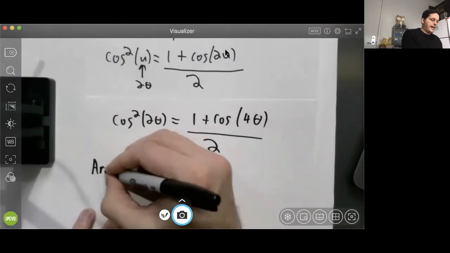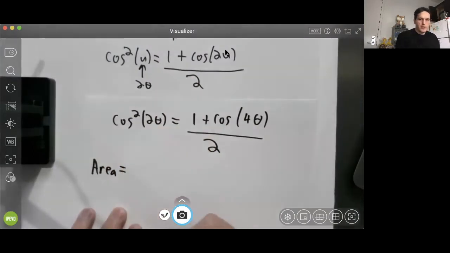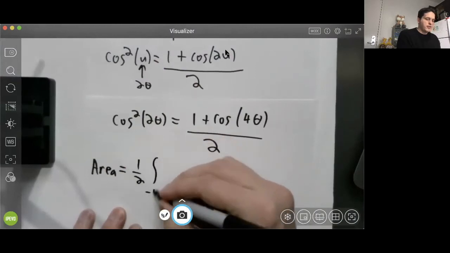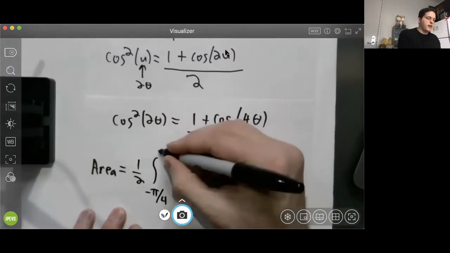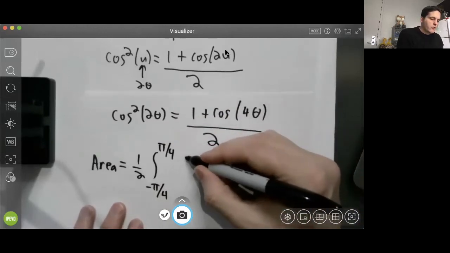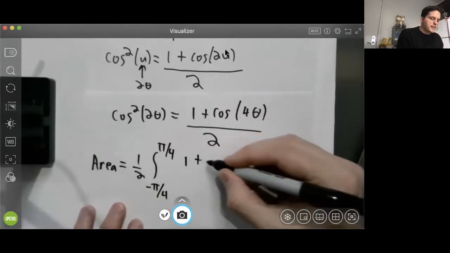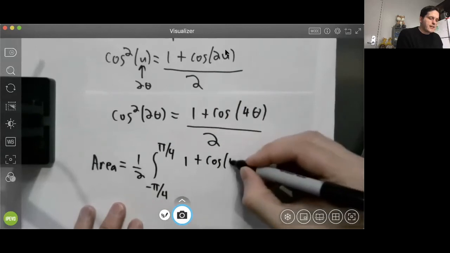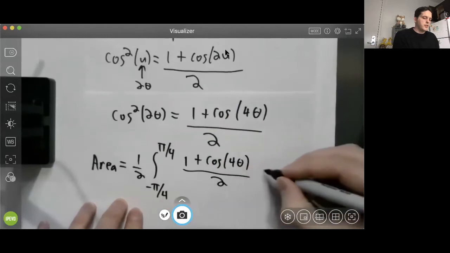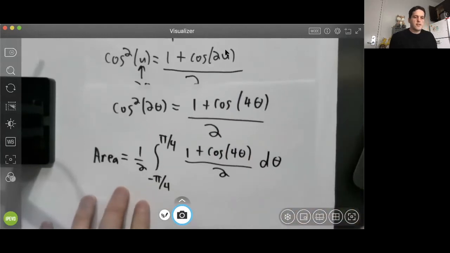So the area that we're trying to compute is equal to 1/2 times the integral from minus pi over 4 to pi over 4 of 1 plus cosine of 4 theta over 2.